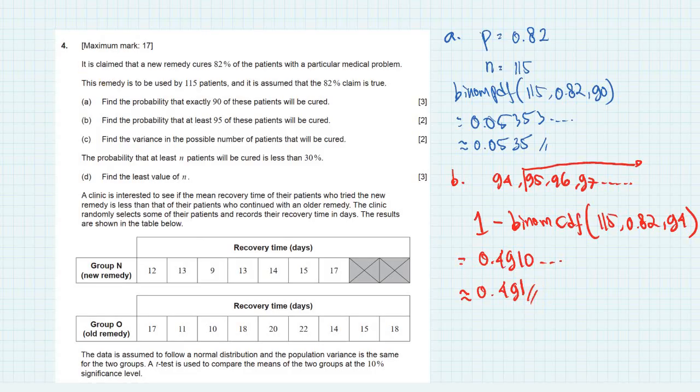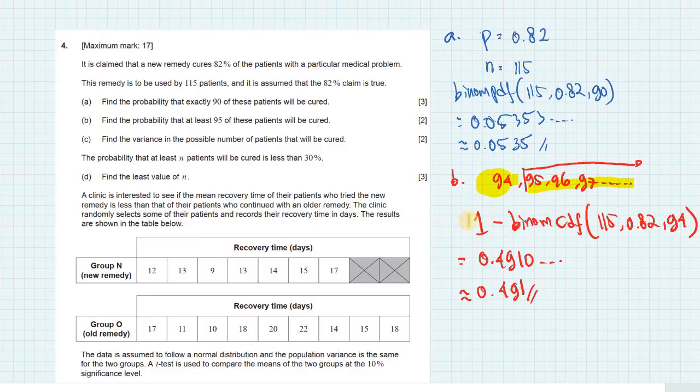Okay, let me repeat again. My calculator only calculates from the left, from 0, 1, 2, 3, 4, 5, 6, 7, 8 up until 94. So the one that I need to calculate is 95, 96, 97 up until 115.